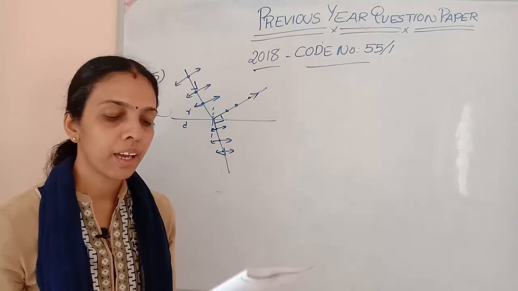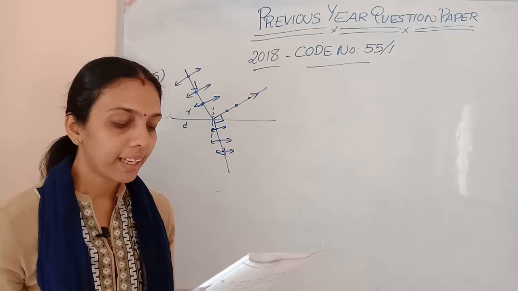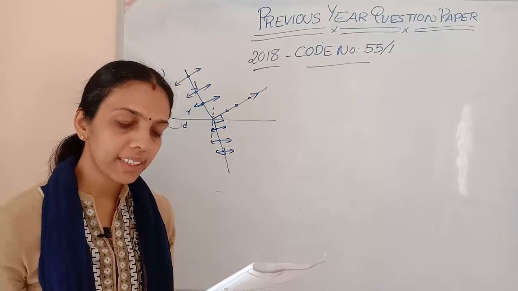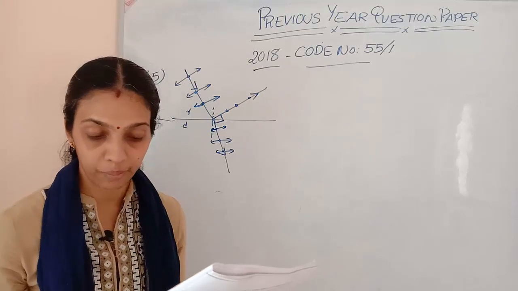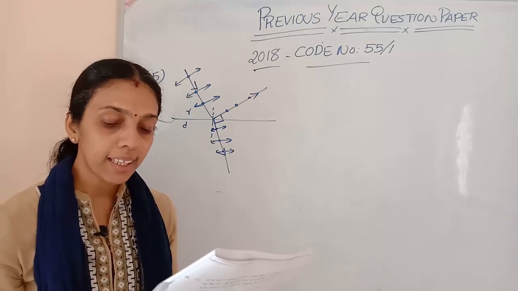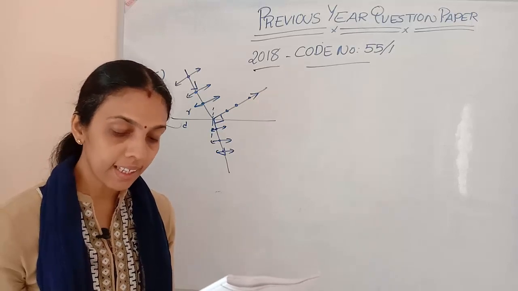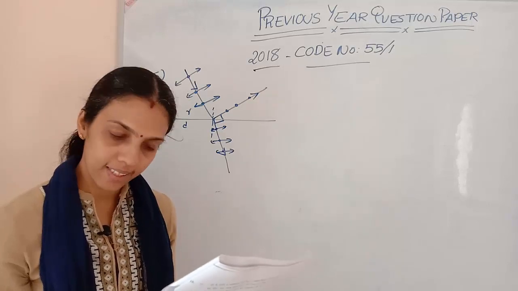Next is: the figure shows a ray of light falling normally on the face AB of an equilateral glass prism having refractive index 3/2 placed in water of refractive index 4/3. Will this ray suffer total internal reflection on striking the face AC? Justify your answer.